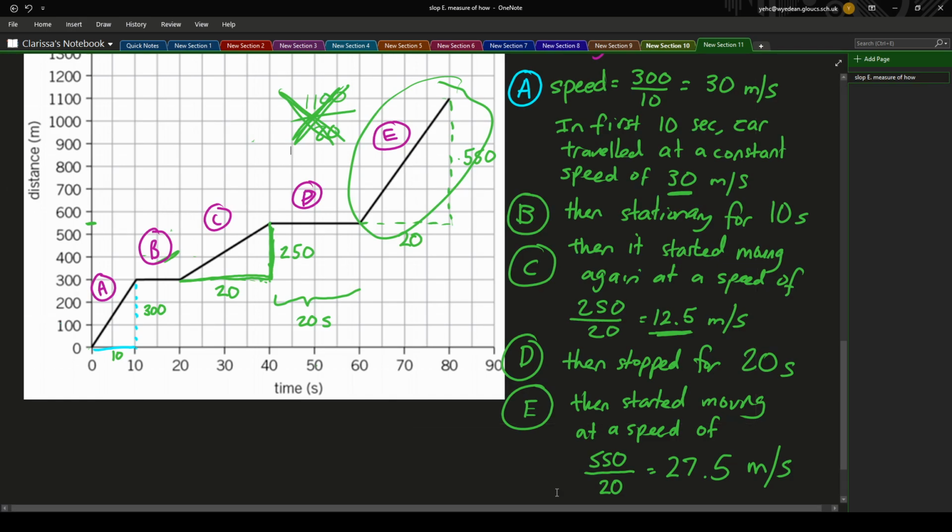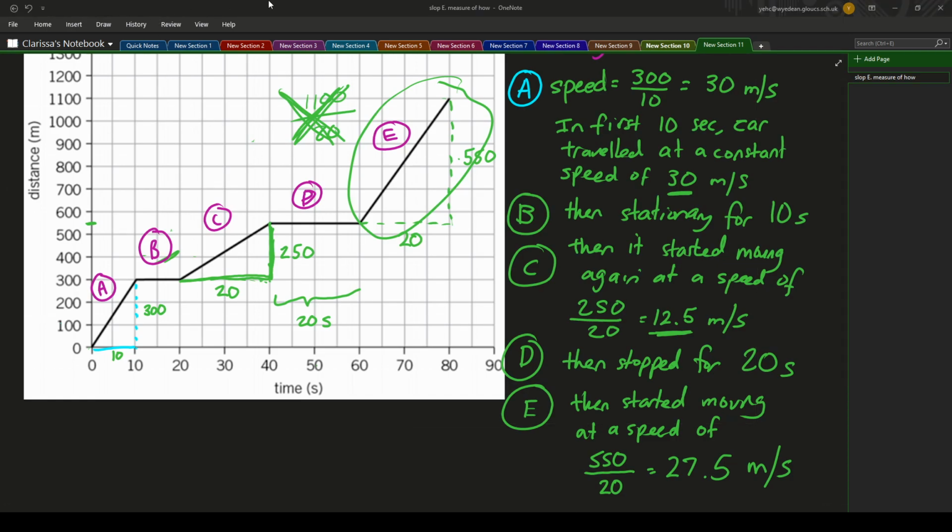Alright, now for a bit of practice. I'm going to link some practice for you to do. It is on the website, but here you go, that's also a direct link. On the left-hand side, we have our worksheet with some questions.